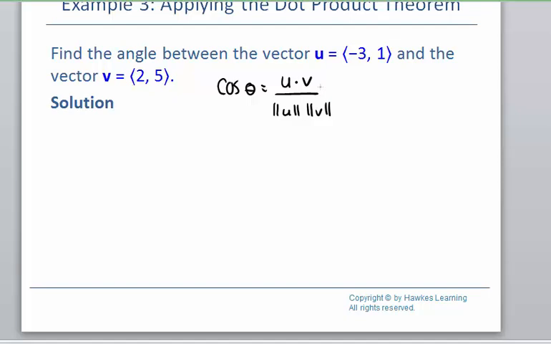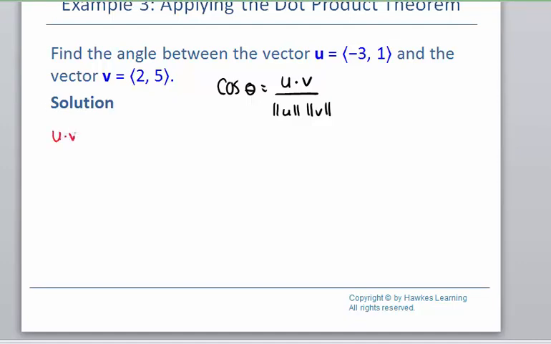All right, so our directions here ask us to find the angle, theta, between vector u, which is -3, 1, and vector v, which is 2, 5. So let's find the different parts that we need. One thing we need is the dot product of u and v.